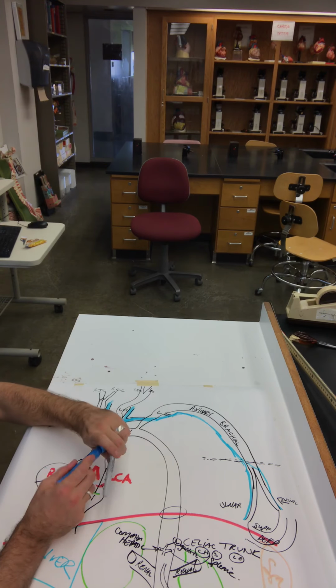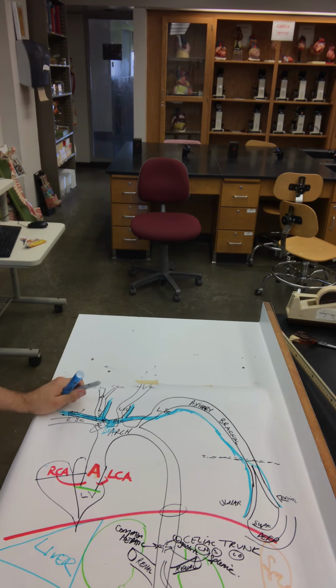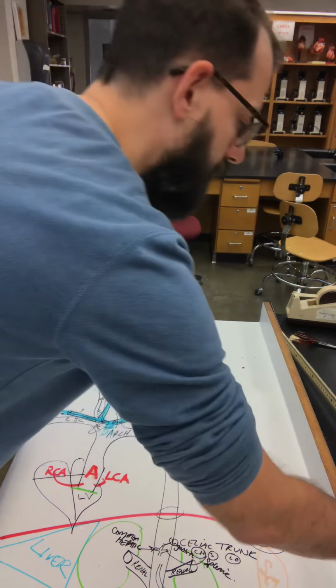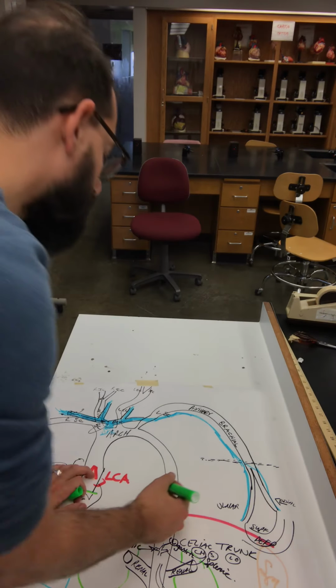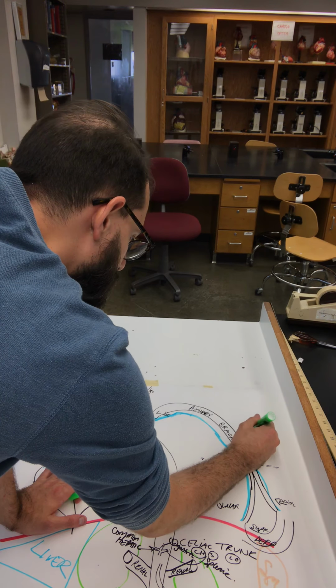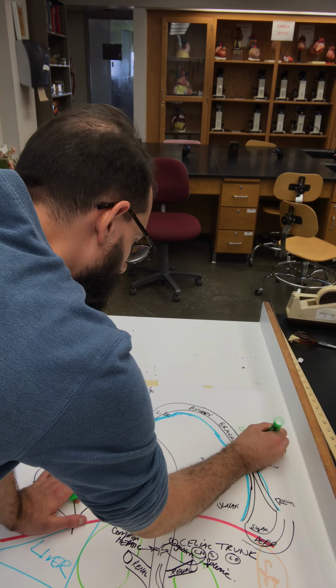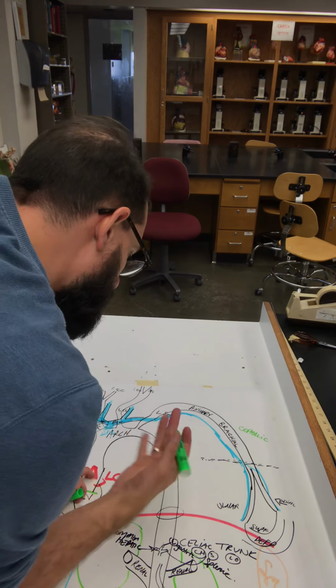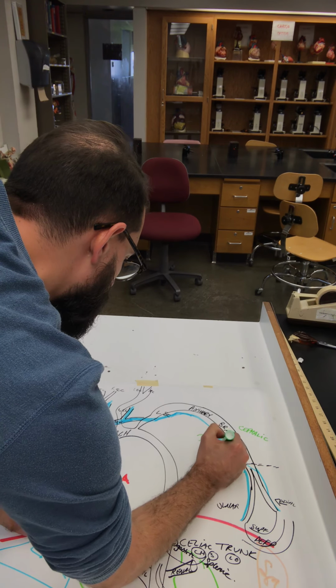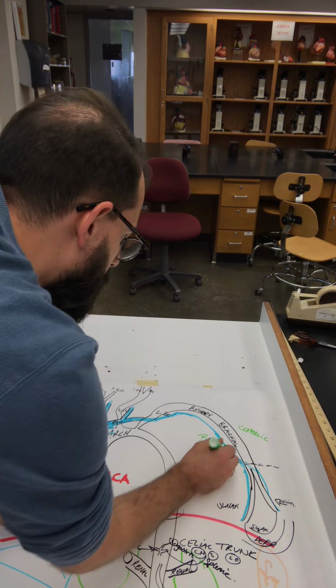Okay. Let's look at the head and neck real quick. Oh, first, let's do the superficial veins of the arm. Arm has superficial veins as well. There's a lateral cephalic and a medial basilic. Okay.